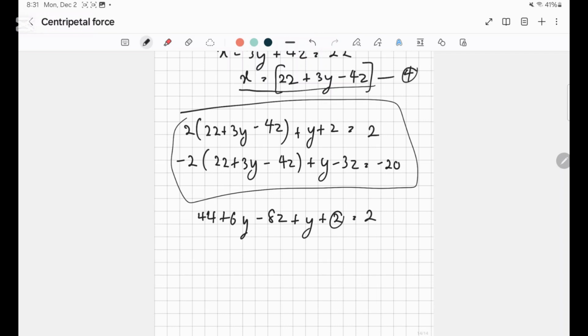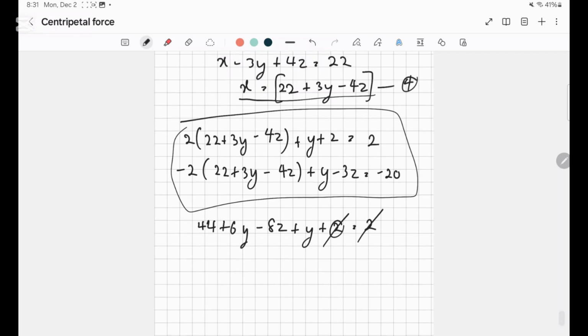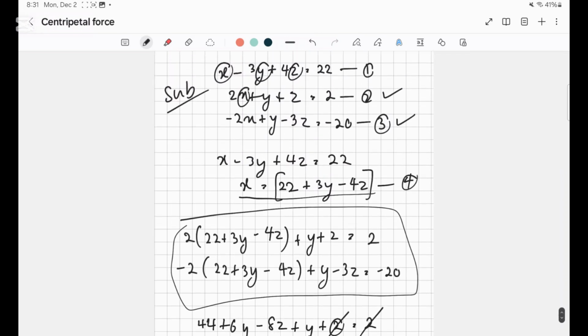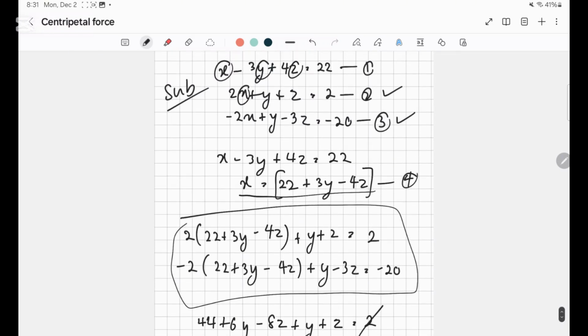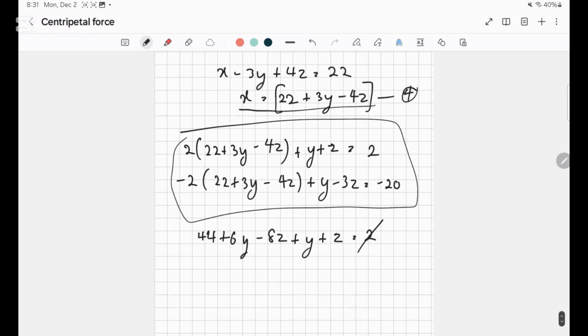I just got confused with 2 and z. This is z, not 2. I'm getting confused with z and 2. Okay, I'm sorry again.